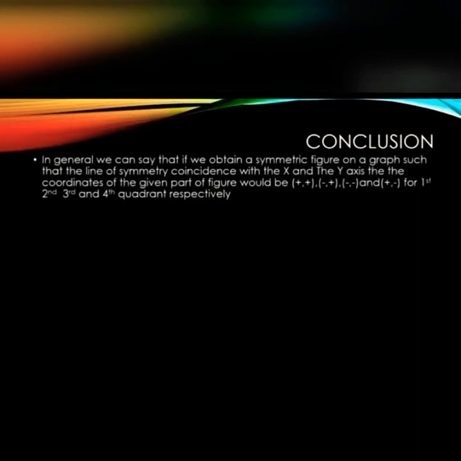Conclusion. In general, we can say that in order to obtain a mirror image or a symmetrical figure of any given figure in the graph, the line of symmetry must coincide with the x and the y axis, and the coordinates of that figure should match the following points in the other quadrants: plus x, plus y in the first quadrant, then the second is minus x, plus y, third minus x, minus y, and fourth quadrant plus x, minus y.